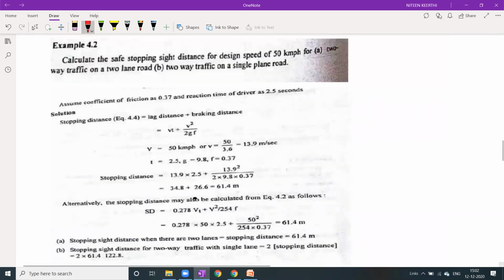Moving to the next example, here he has considered two cases. Calculating the safe stopping sight distance or just stopping sight distance is all the same. Calculate the safe stopping sight distance for the design speed of 50 kmph for the first case: two-way traffic on a two-lane road.